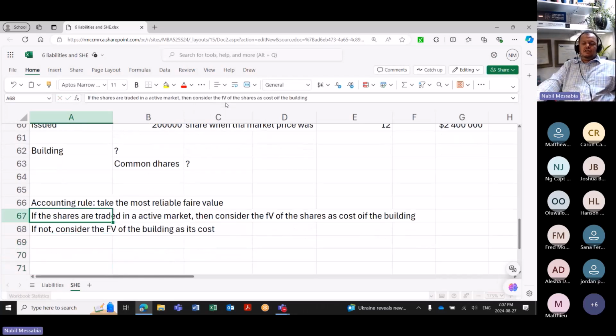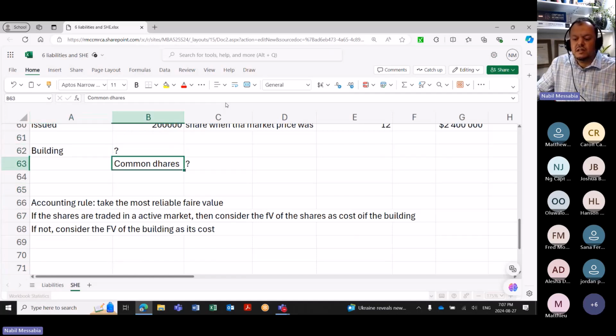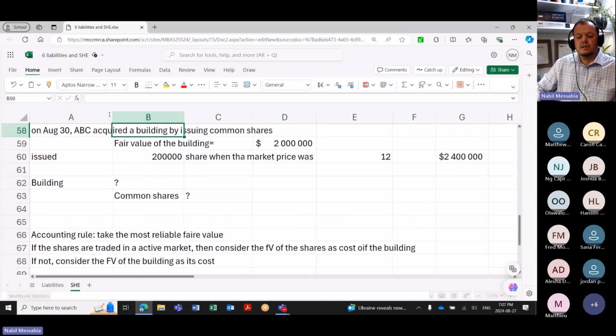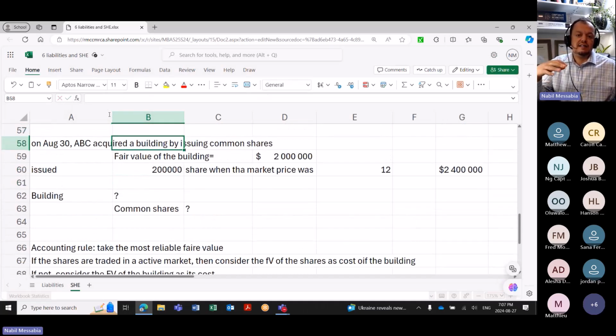Whenever there is an issuance of shares, we have this issue. Should we account for the PPE at its own fair value or at the fair value of the shares? The answer to this: which one is more reliable as an assessment?